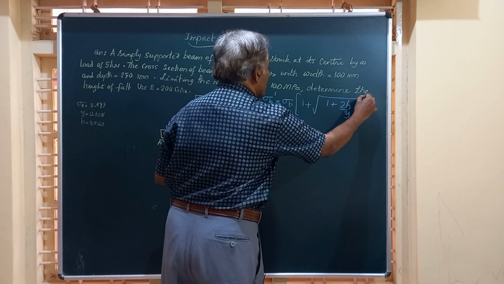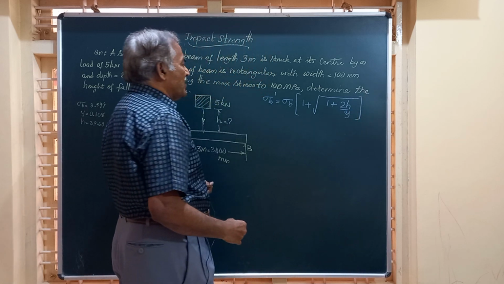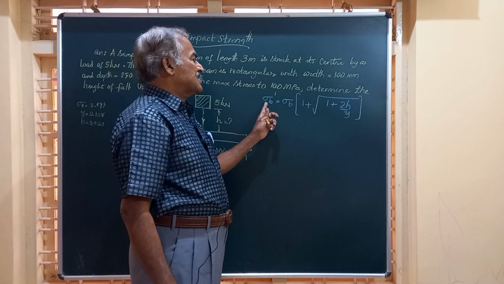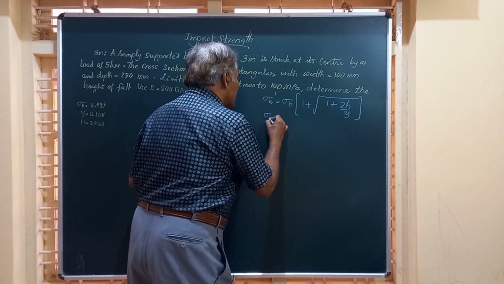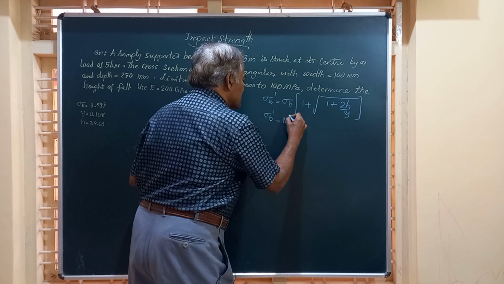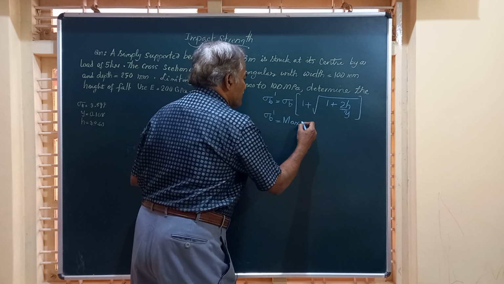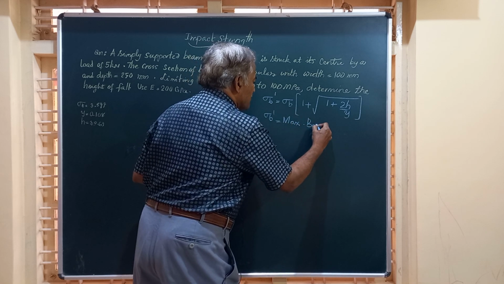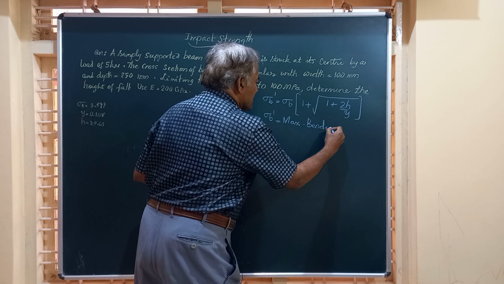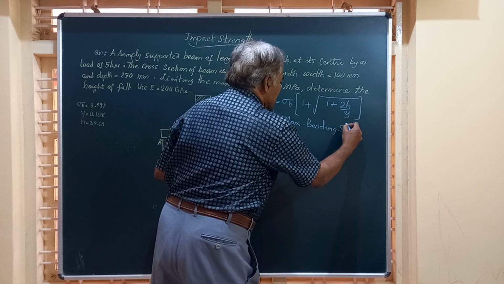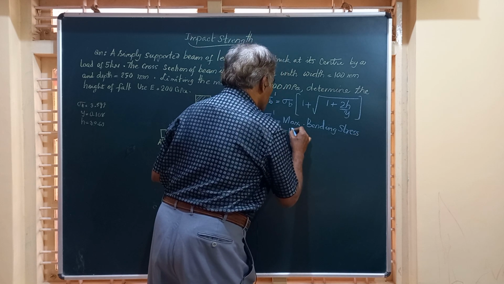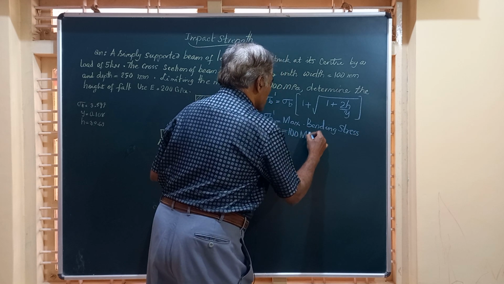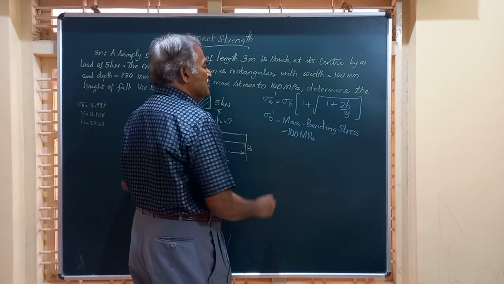This is the formula that is used to find out the maximum bending stress, where sigma b dash is equal to maximum bending stress. B stands for bending. Maximum bending stress is given to be 100 MPa, that is 100 Newton per mm square.